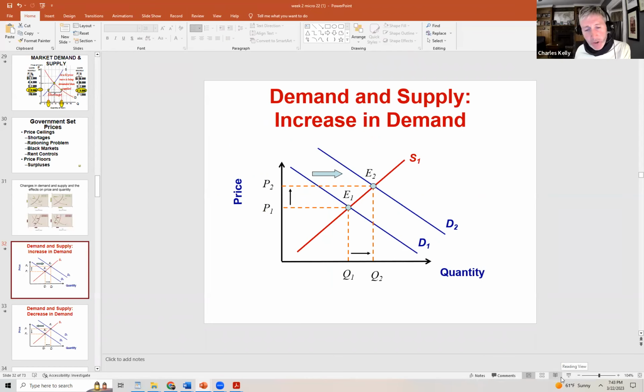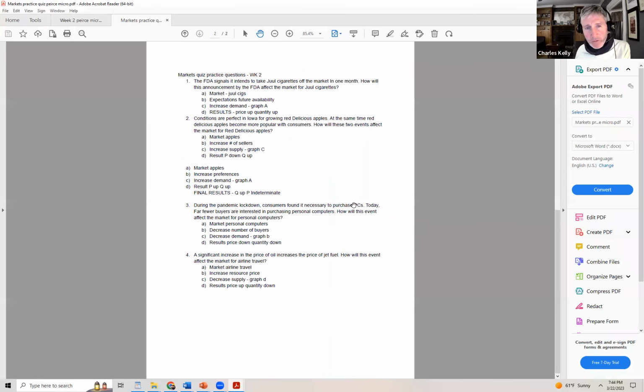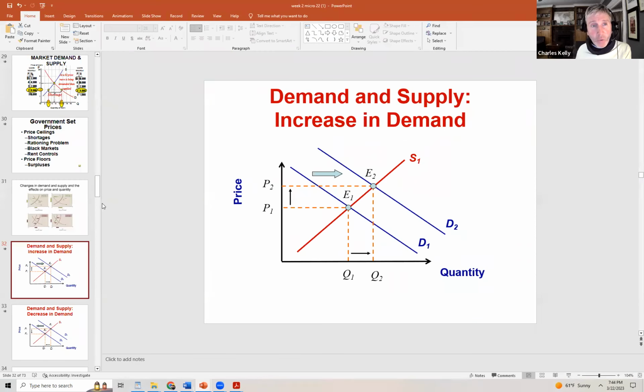Now, if you look back here on our answer sheet, and this is how you'll do the quiz, four-step process. You identify the market, Juul cigarettes. You identify the non-price determinant of demand or supply, expectations about future availability. Now, you only got like 11 to choose from, right?